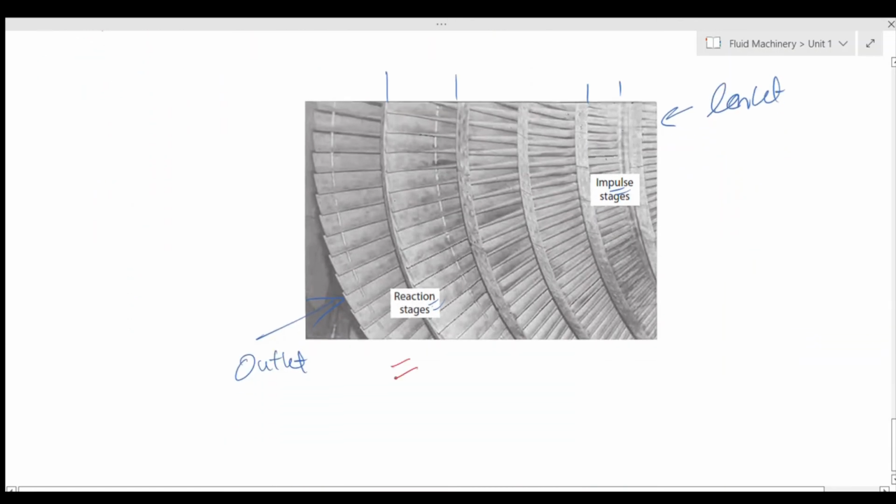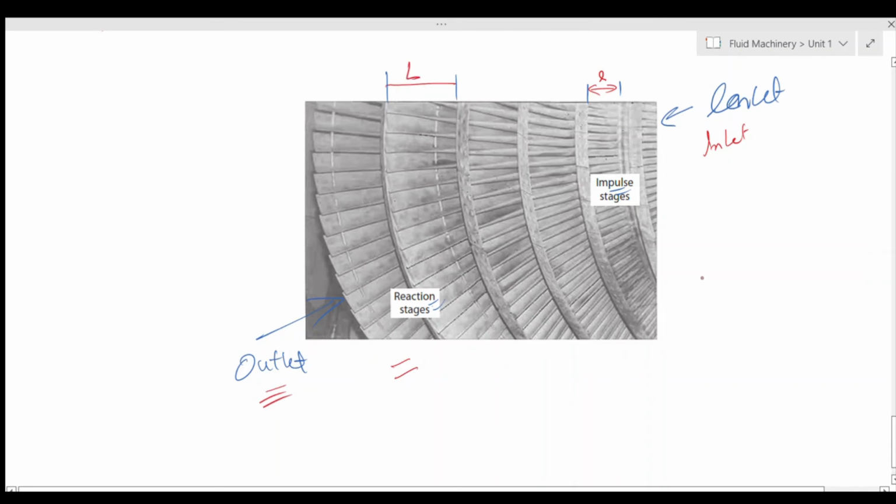In this picture you can see this is a picture of an actual turbine with different stages, multiple stages. इनलेट के ऊपर में आप देखेंगे इम्पल्स स्टेजेस हैं, और you would see that the length is short as compared to later stages which are near to the outlet, which are reaction stages.